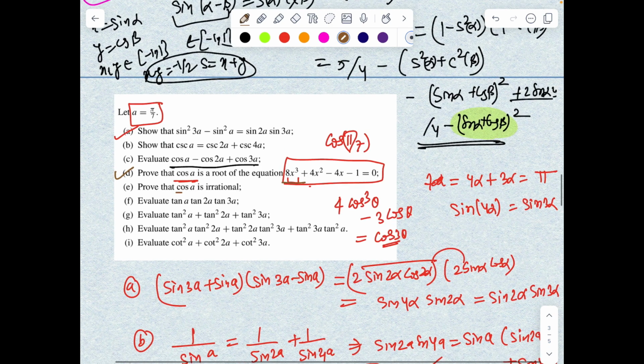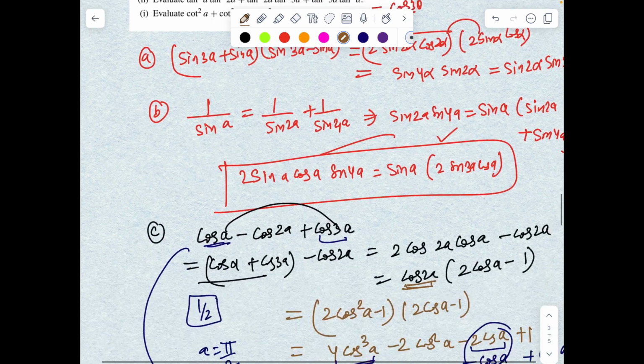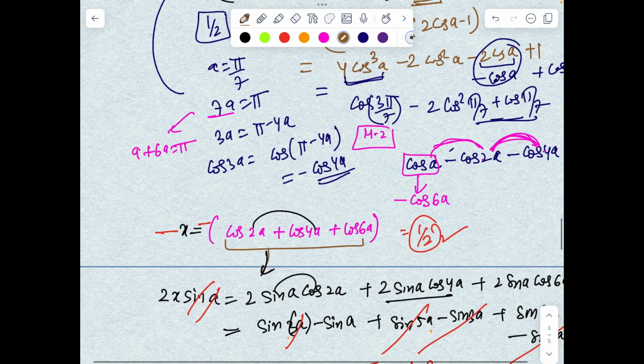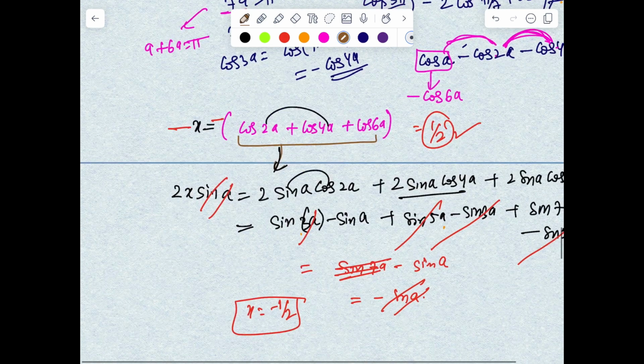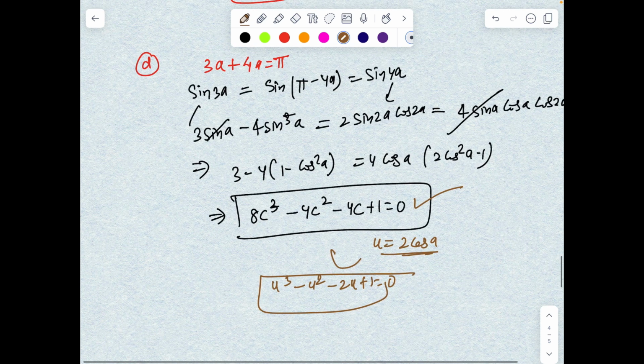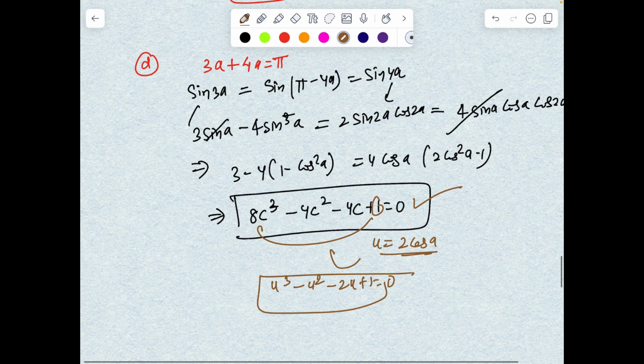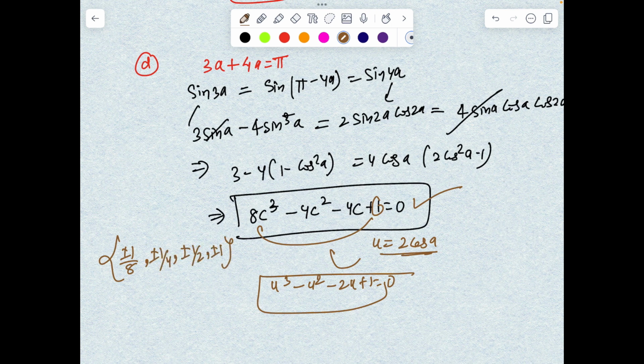Now for the next part I have to check that it's an irrational number. So the irrationality of this is also proved from this equation, because there cannot be a rational root, that is from Gauss lemma. The only possible rational root of the above cubic will be a factor of this constant term divided by this. The only possible root set will be plus minus 1 by 8 if there is any rational, plus minus 1 by 4, plus minus 1 by 2 and plus minus 1. And now you can check neither of these roots is working for this equation. So this equation has no rational root.